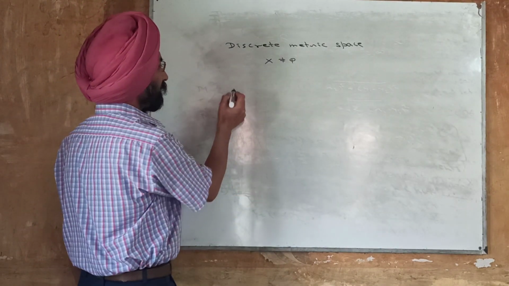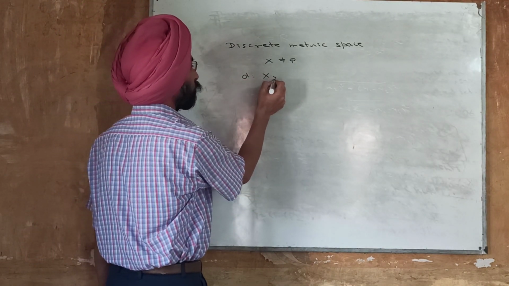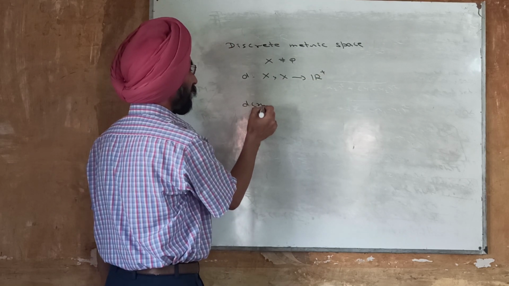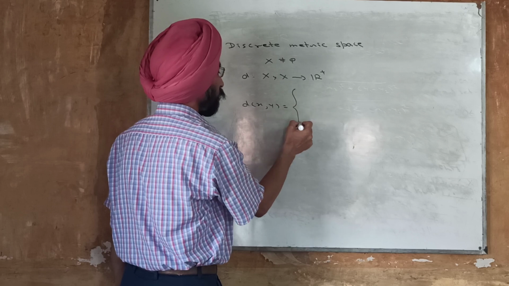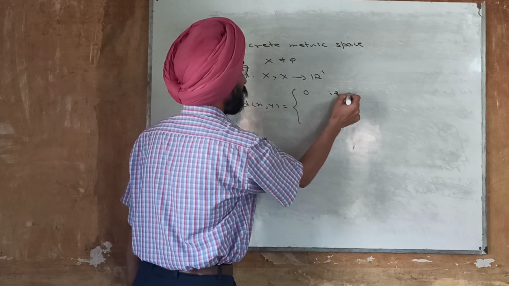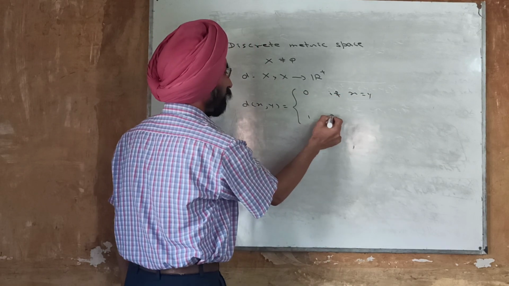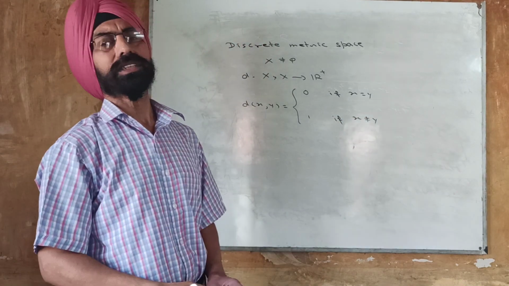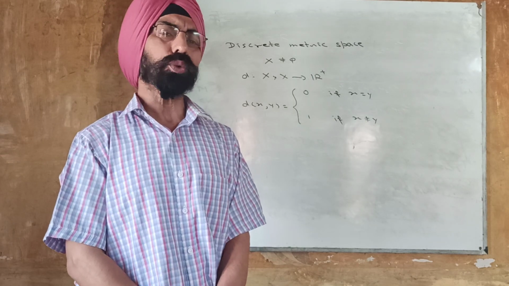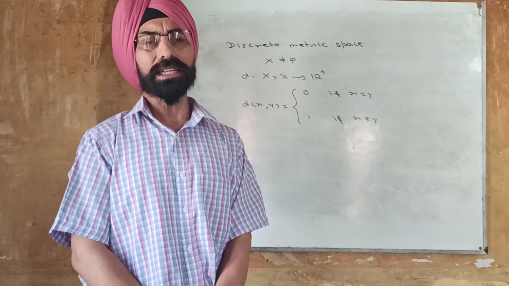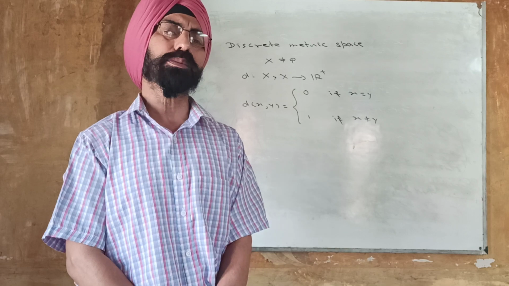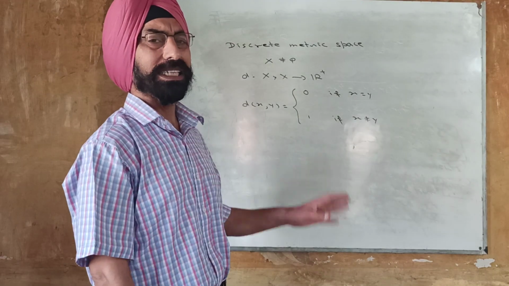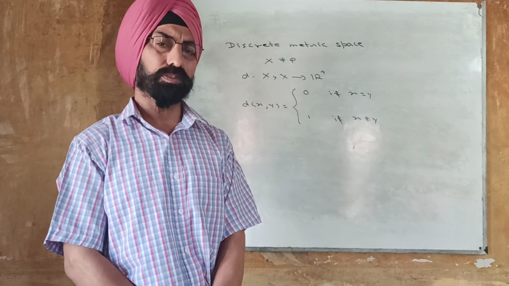Then we define D from X cross X to R plus as D of x,y equal to 0 if x is equal to y, and 1 if x is not equal to y. That means the distance between any 2 distinct points is 1, and if the points coincide, then the distance between the 2 points becomes 0. This D also satisfies the 4 properties.